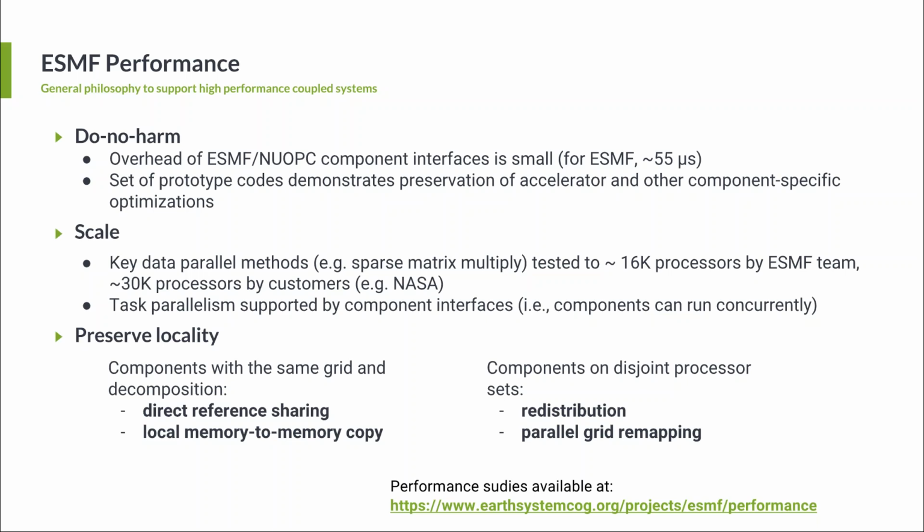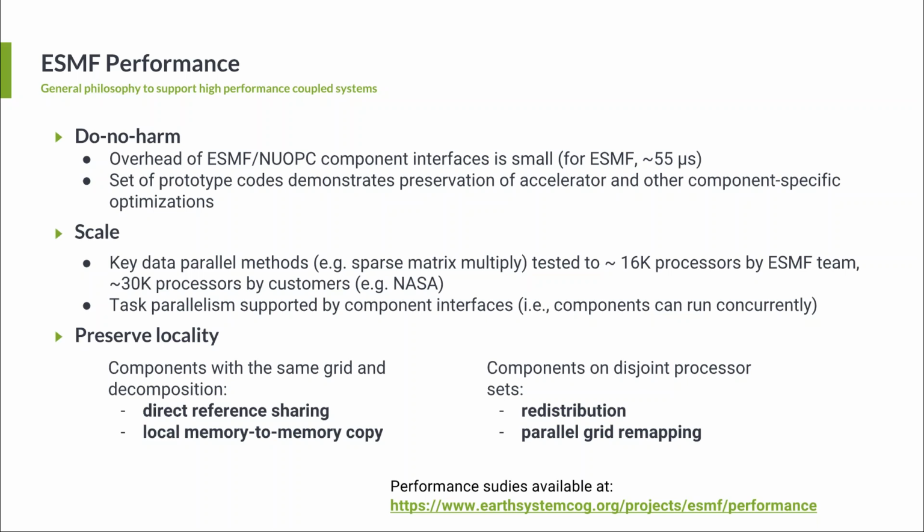Clearly this requires that the components be on the same grid, for example, and have the same parallel decomposition. But if that is the case, ESMF and NUOPC will allow you to pass pointers. You can also do local memory-to-memory copies if you're sharing the same grid and decomposition.